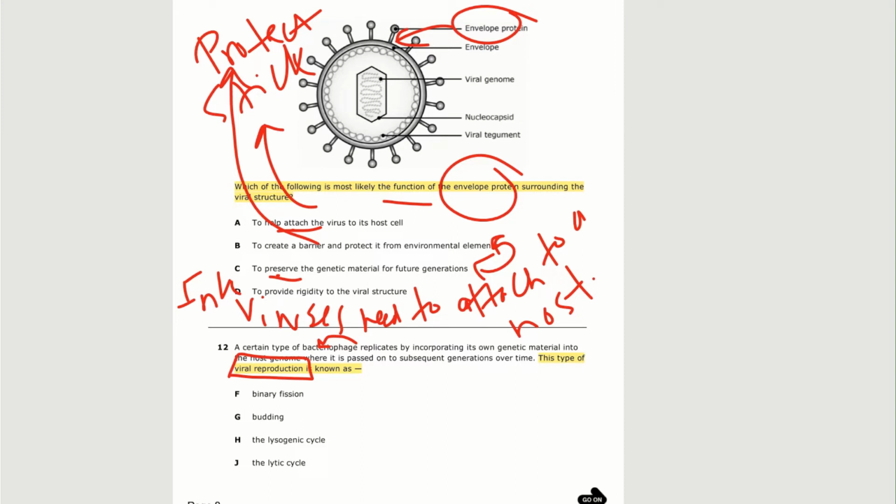Binary fission, budding, lysogenic cycle, and the lytic cycle. Well, binary fission is bacteria. Is it talking about the bacteria? It's talking about the virus, right? Budding is like mitosis, but that's kind of like what a potato would do. So I'm going to put there plant.